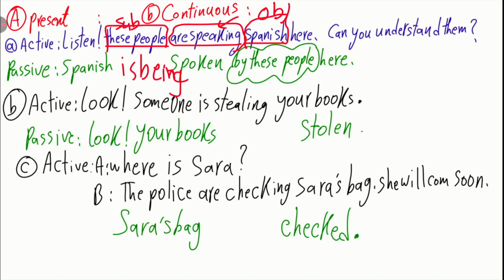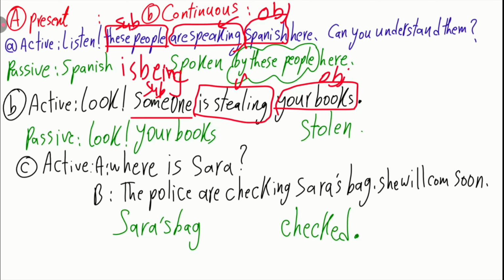And we go to the next example. Active: someone is the subject, is stealing, and the verb ing is the verb, and your books are the object, as you see here.